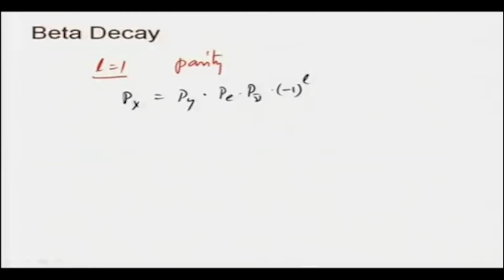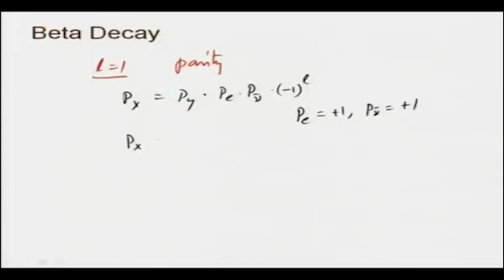Now, for L equal to 1, what about parity? It is again P x equal to P y times P times P nu bar times minus 1 to the power L, and as I said earlier, P is taken to be plus 1, P nu bar is taken to be plus 1.